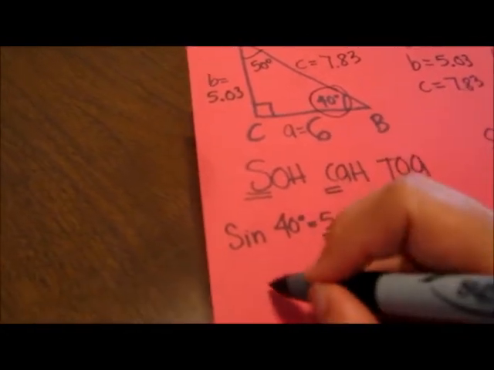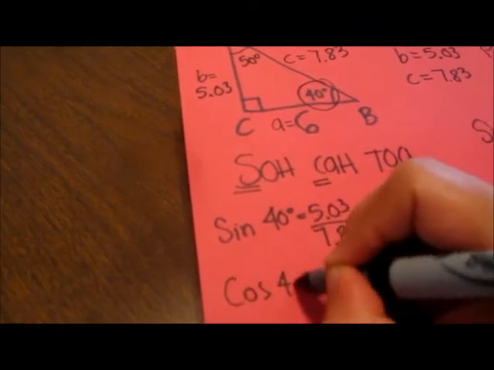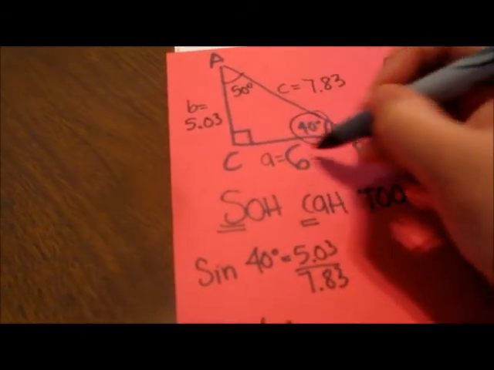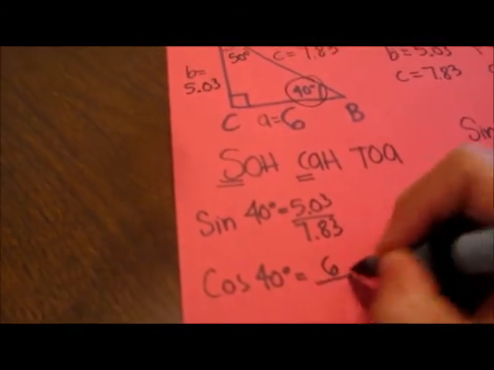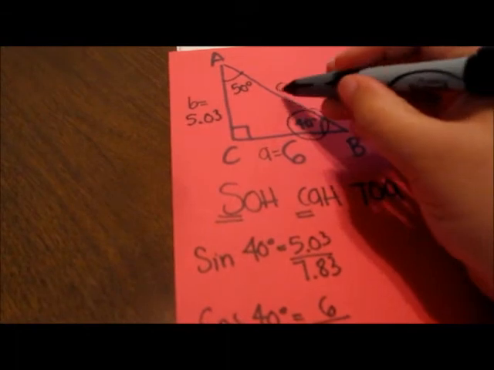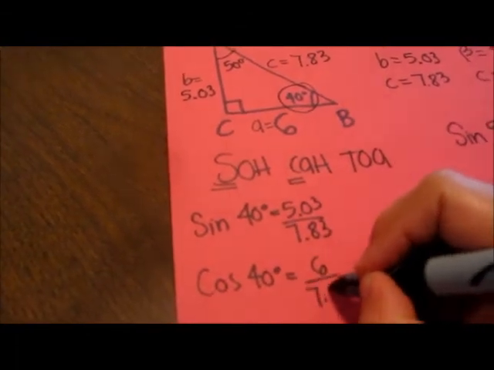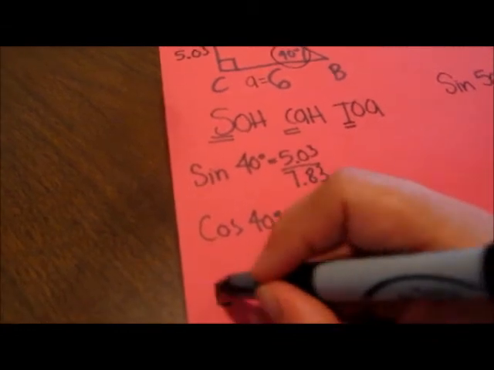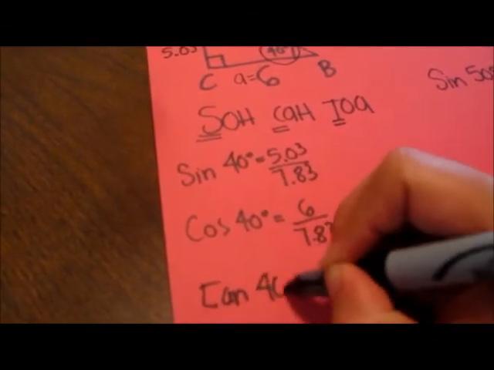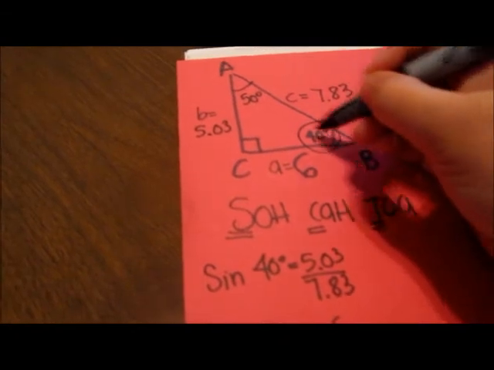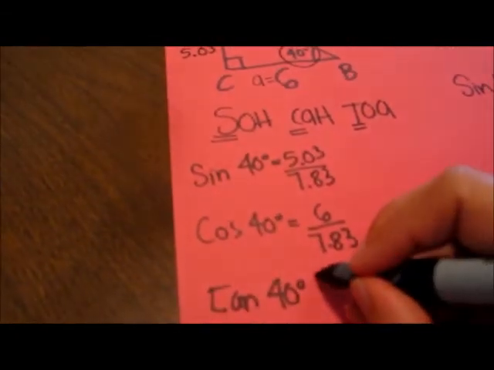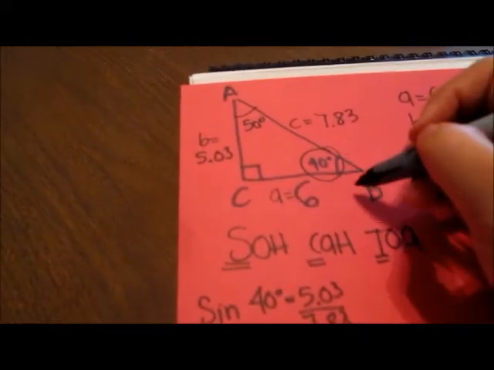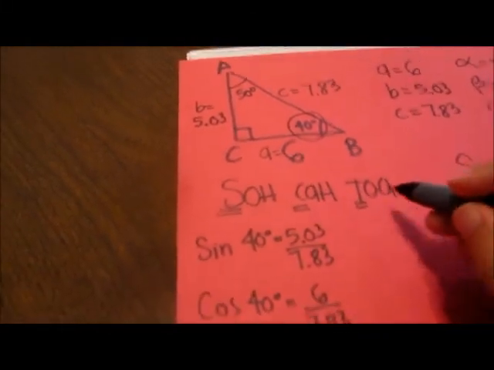Then cosine of 40 equals adjacent is 6 over hypotenuse, that equals 7.83. Finally, tangent of 40 equals opposite, that equals 5.03, over adjacent, that equals 6.